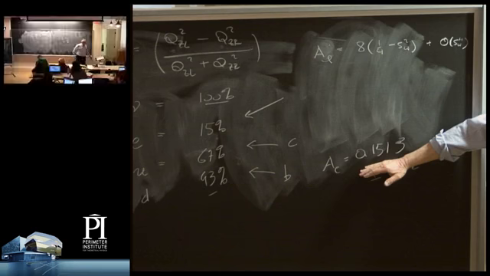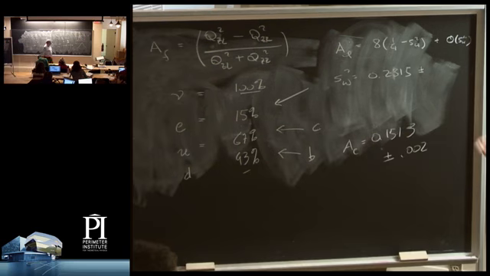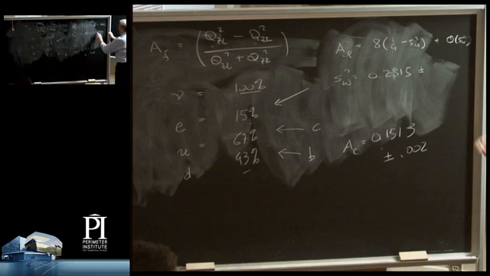So if you put together all of these experiments, we actually now know that this S_W squared is not 0.23, it's 0.23153 with an accuracy in the fourth decimal place, plus or minus 0.00016.